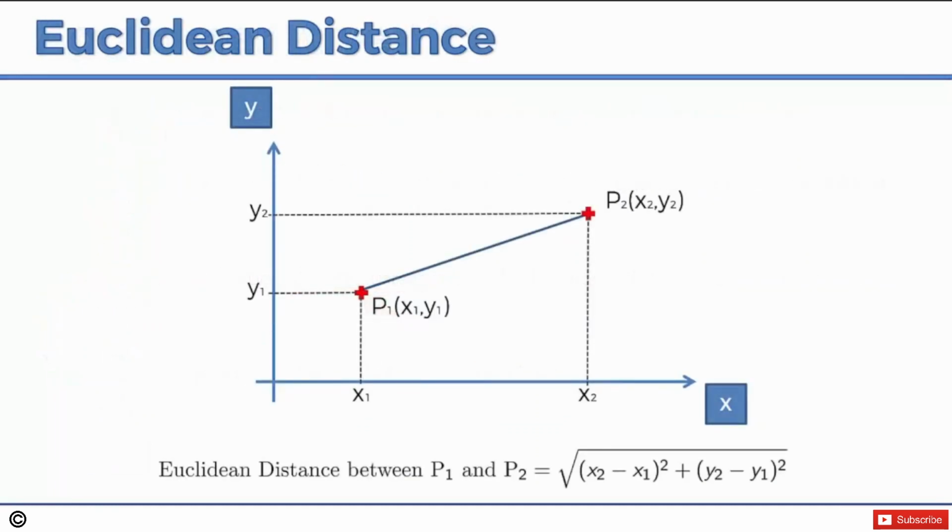First of all, Euclidean distance, just to get this out of the way once and for all, in a two-dimensional space is calculated like this.